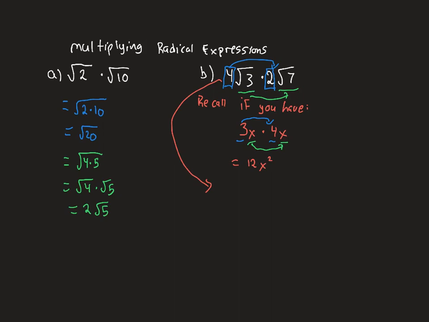So that's going to leave me with 8 root 21. 21 is just 7 times 3. Can't really turn any of those into perfect square factors. Nope. So that is my final answer. Okay.